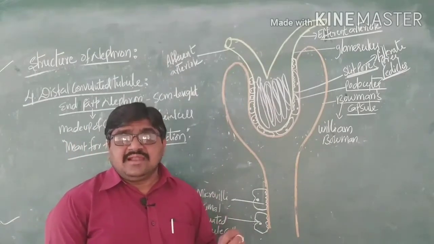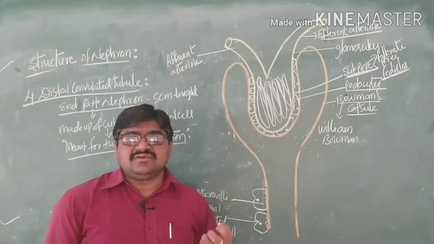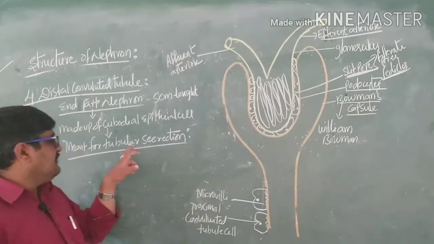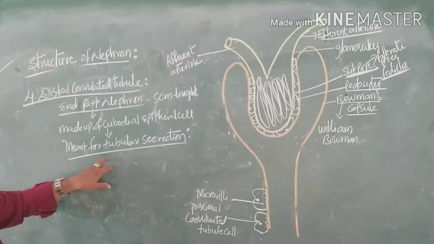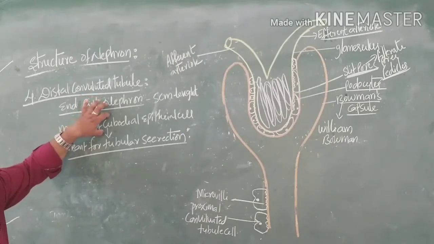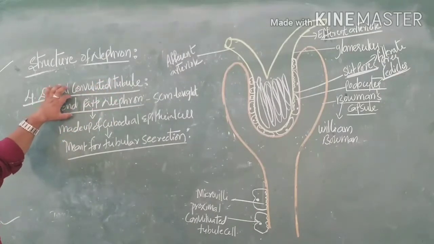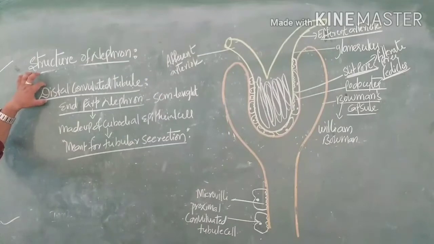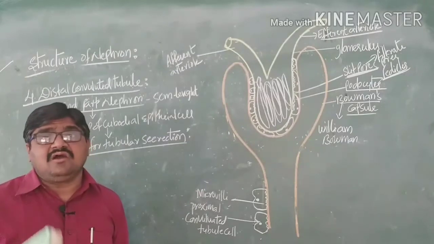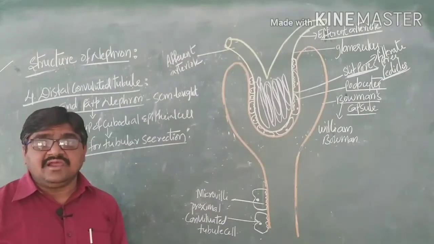So it is mainly meant for tubular secretion, made up of cuboidal epithelial cells with no microvilli, 5 centimeters in length. It is the last part of the nephron, the end part, far away from the nephron, so it is called the distal convoluted tubule.